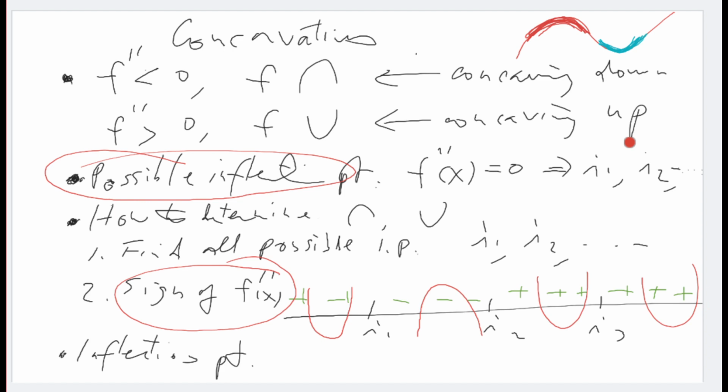Okay, so now you can see that to determine concaving structure, we rely on the second derivative. To determine increasing and decreasing, we rely on the first derivative. So inflection points are the new thing. The inflection points are to the second derivative as critical points are to the first derivative.